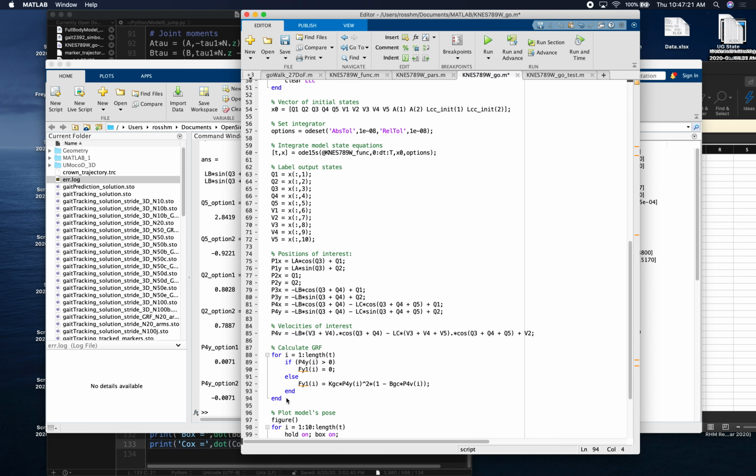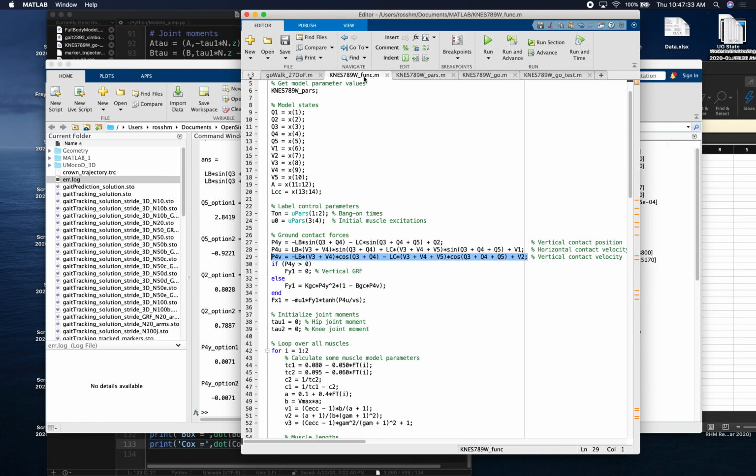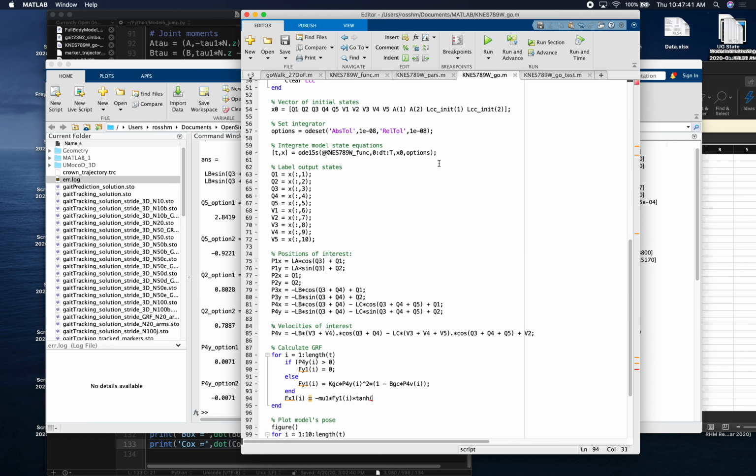Okay, and if I made no mistakes, that should give me my vertical ground reaction force. And we're going to eventually want to look at the horizontal ground reaction force too, so let's just throw that in there too. And what was that function exactly? What was P4? And then I need my horizontal velocity as well.